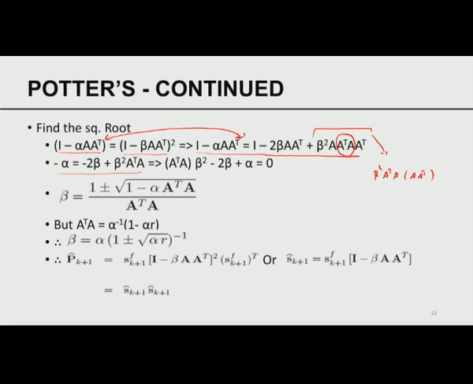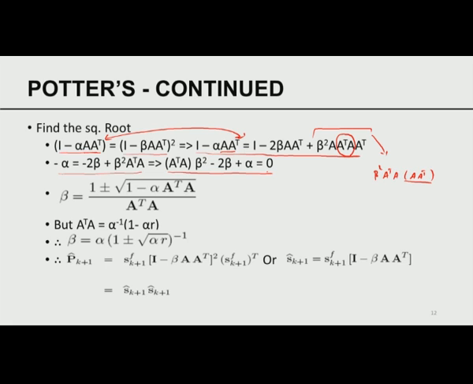There is an AA transpose here and an AA transpose here. So if I equate the coefficients of the AA transpose terms on both sides, I get this equality. That equality implies that beta and alpha are related by that equation.